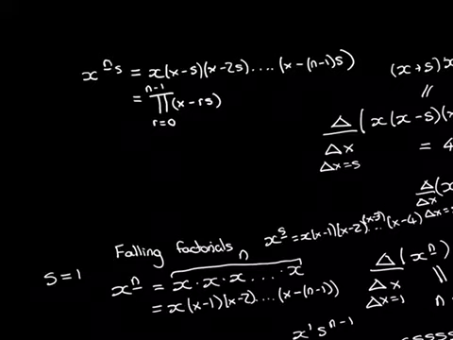Clearly when n is equal to 1 here, that is just going to be x to the power of 1 falling. No matter what the difference is, it's just going to be equal to x. And you can imagine that if n is equal to 0, I know it doesn't really quite work here, that's going to be equal to 1.